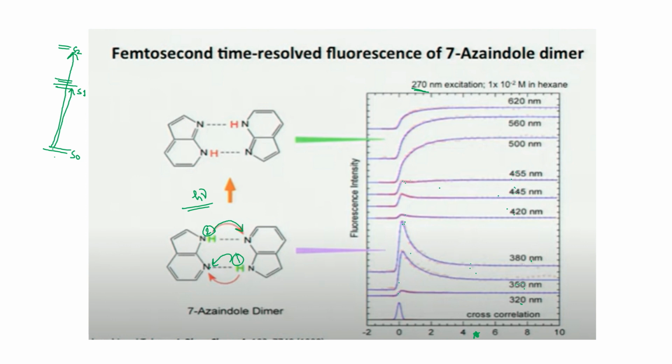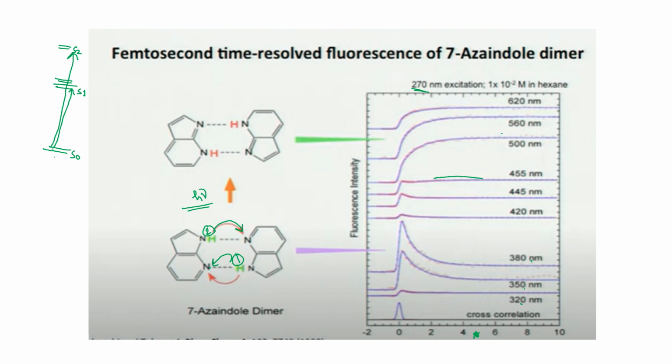And at 455 nanometer, you see a slight increase, a very minute hump. Further, on recording the emission spectra at 500, 560 and 620, you will see there is a new signal emerging. Okay, this is the new line.